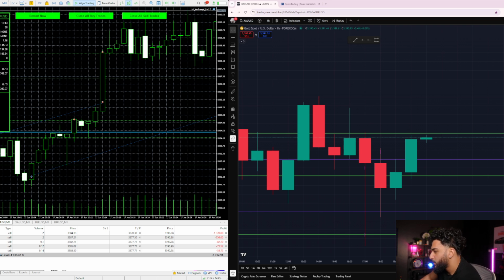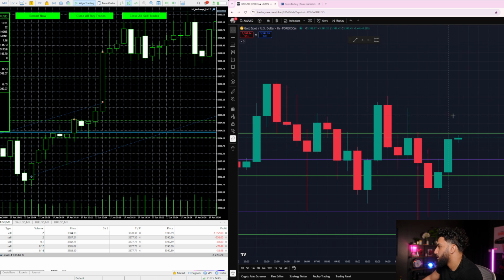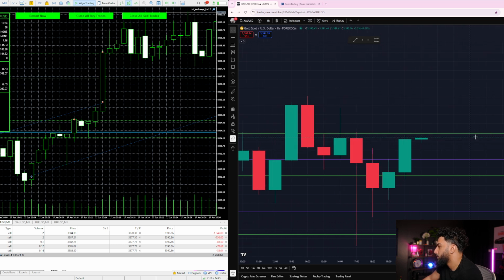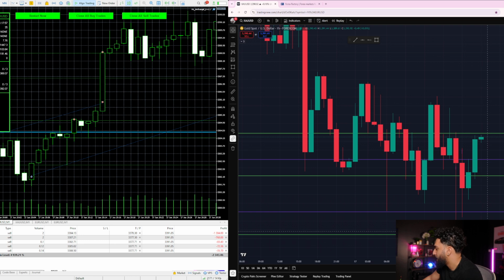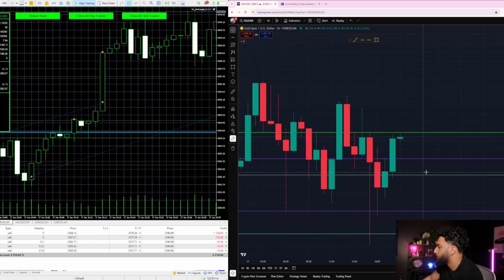Done. We're currently $2,300 in drawdown that we'll have to manage. Hopefully it hits this previous zone of structure and then continues its ping pong down, as you guys can see. Bang, bang, bang, bang. So hopefully that pattern continues. If not, I hope we don't get stopped out on these current running trades because they are all in drawdown.